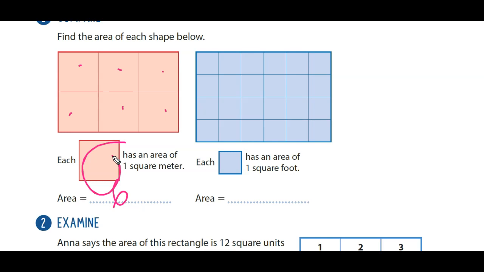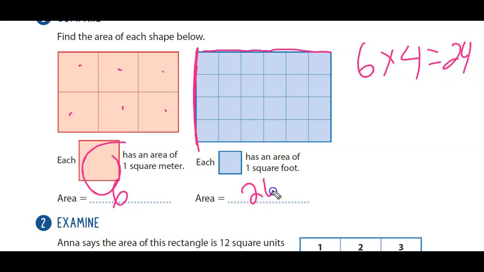What's the area for the blue one? I said 24. Let's double check. What's the width? 4. What's the length? 6. 6 times 4 is 24. That's right, 24. Could I double check my answer by counting all the squares?